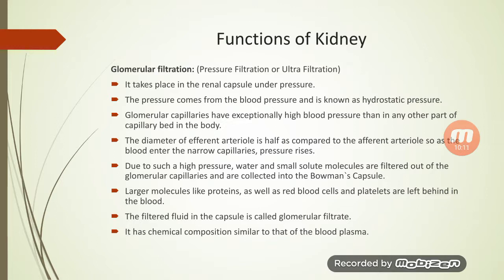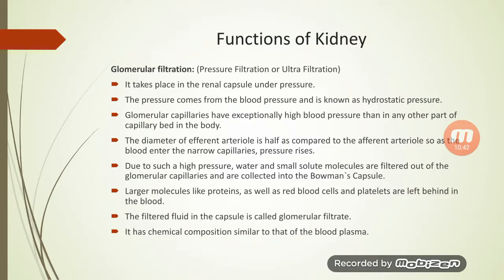Glomerular capillaries have exceptionally high blood pressure compared to any other part of the capillary bed in the body. And the diameter of the efferent arteriole is half as compared to the afferent arteriole. Due to such high pressure, the water and small solute molecules are filtered out of the glomerular capillaries and are collected into the Bowman's capsules.